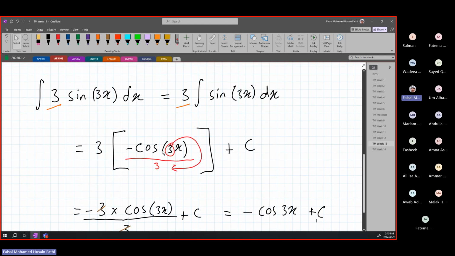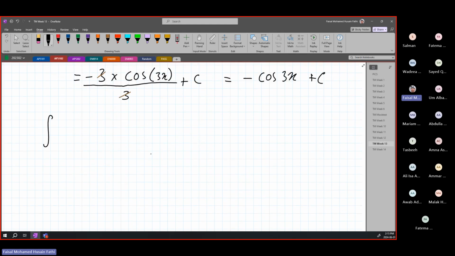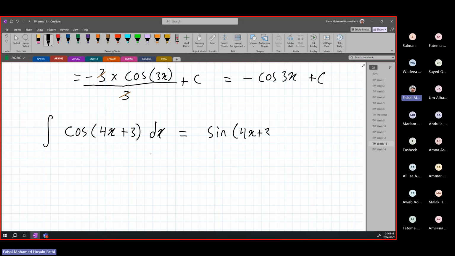So the main point here is if you have any constant multiplied by the variable inside, you will divide by it outside in the case of integration. Let us say we have something like cosine of 4x plus 3 dx. The integration of this is going to be sine of 4x plus 3. Whatever is inside the brackets will not change.